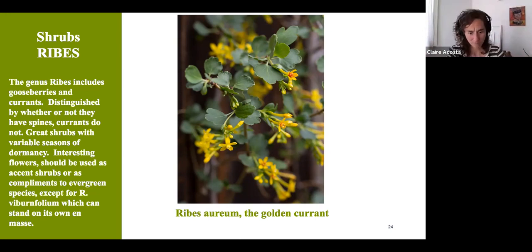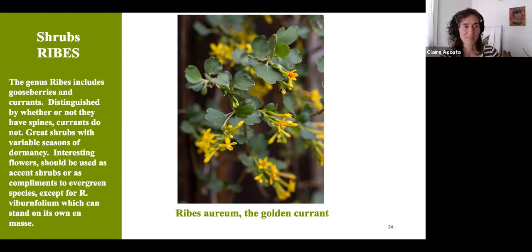So ribes is this genus that includes the gooseberries and currants. The difference between gooseberries and currants is just that gooseberries have thorns and currants do not. So ribes are great. There's a ribes for every sun exposure category.